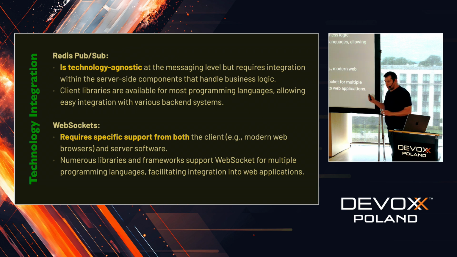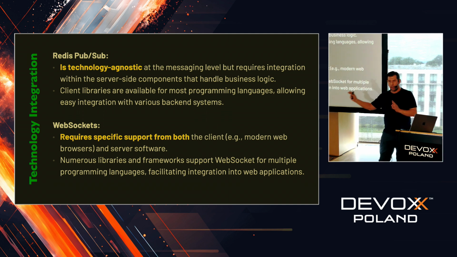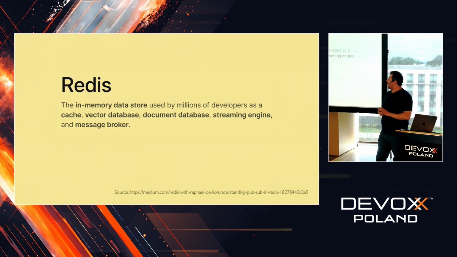And one important thing, they had experts inside the organization who can easily scale this Redis, and it is technology-agnostic, because there was a second project where this Redis was used.